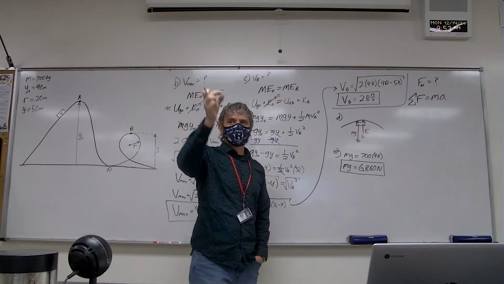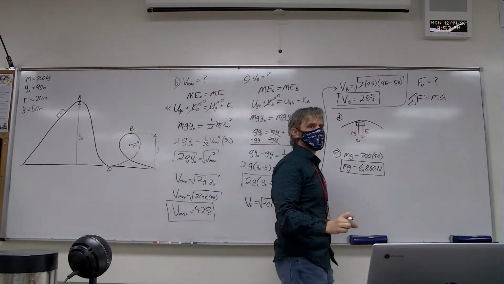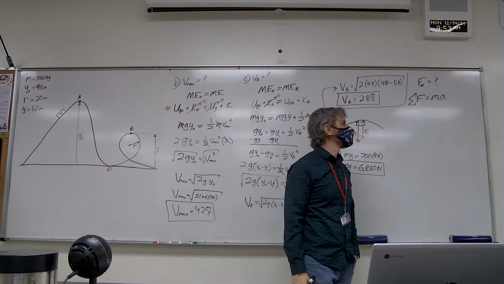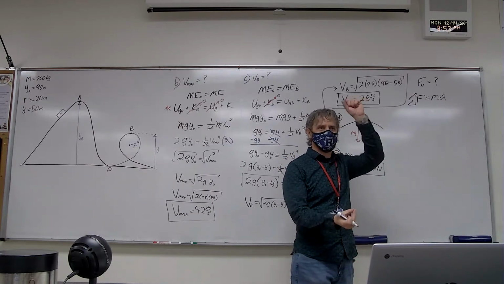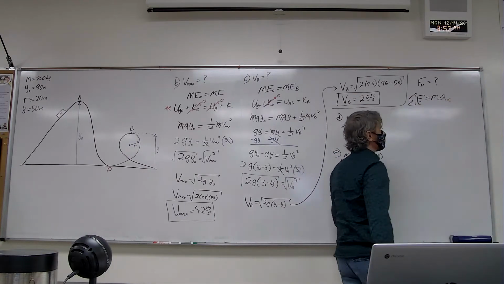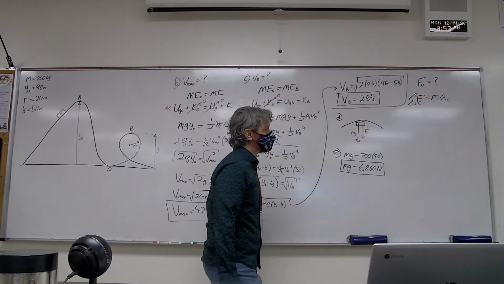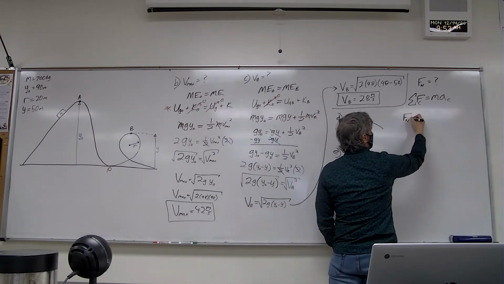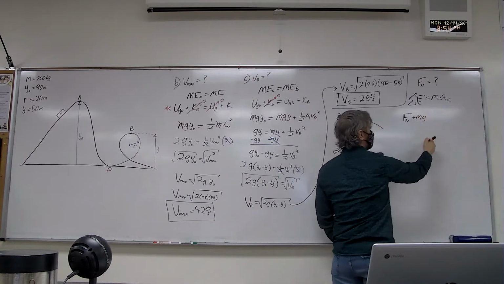For vertical circles at the very top and at the very bottom, we can use the uniform circular motion equation because the forces at the top and at the bottom are entirely centripetal. So we can call those centripetal forces and centripetal accelerations. The net center-seeking or centripetal force is the normal force plus mg. You just add them together.